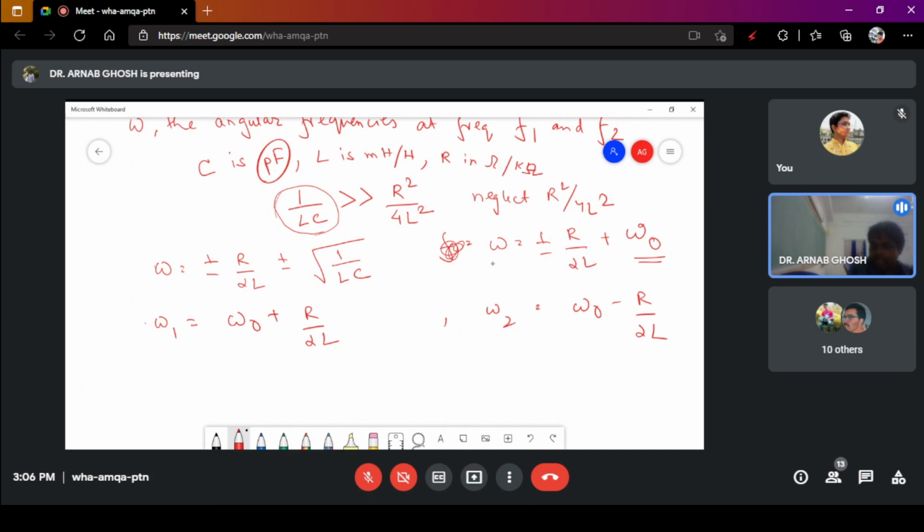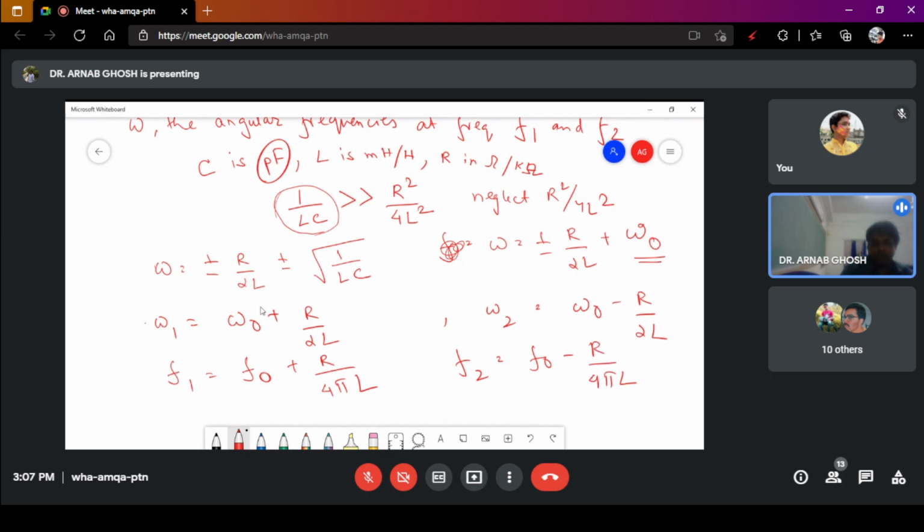We have taken only the positive value of the frequency. Why the positive value? Because frequency is always positive, so this minus has no other meaning. So this is becoming omega 0 plus R by 2L, omega 0 minus R by 2L. So if you are writing F1, F1 is F0 plus R by 4 pi L, and F2 is F0 minus R by 4 pi L, or vice versa.